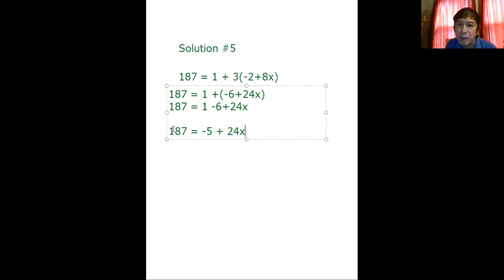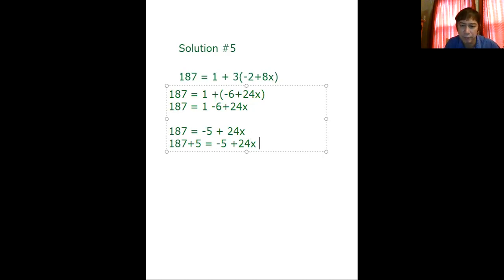And so what do we do here now? We now eliminate the -5 by way of addition. It's a negative number. To reverse and make that 0, that will be a +5 to be added to both sides. So this will now be our next line, 187. We add 5, and then we have -5, then plus 24x.